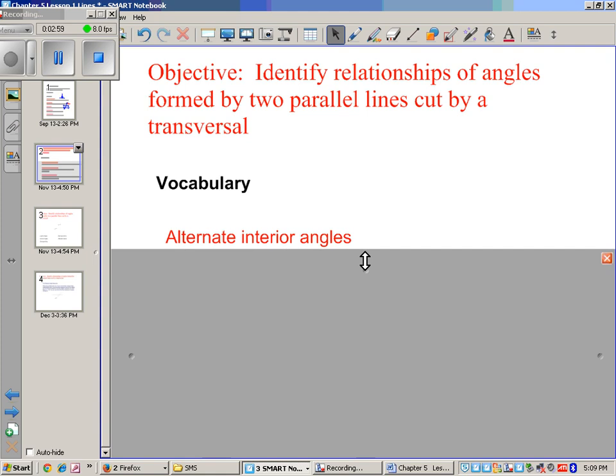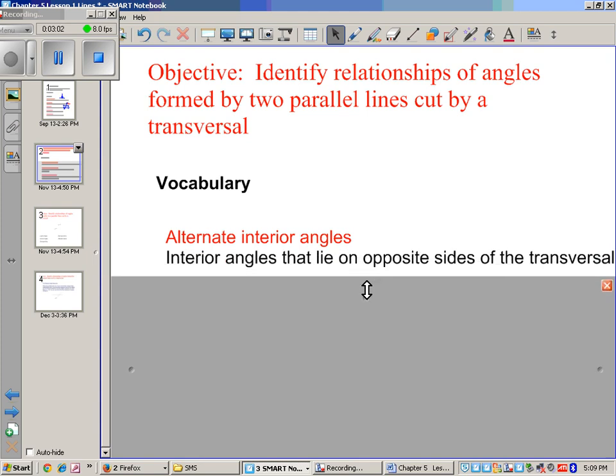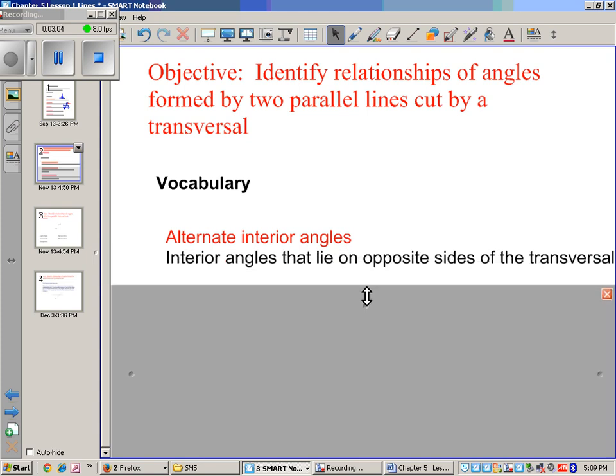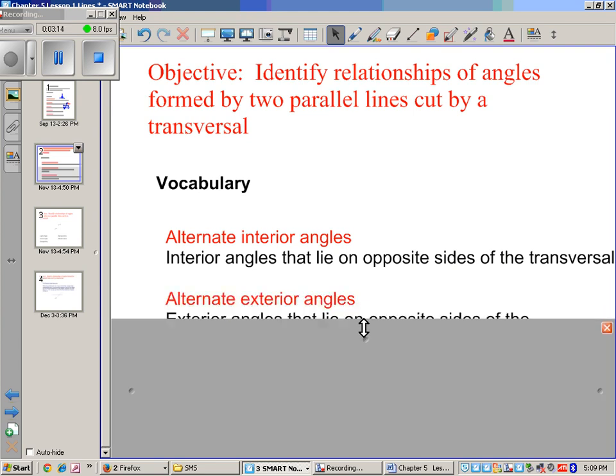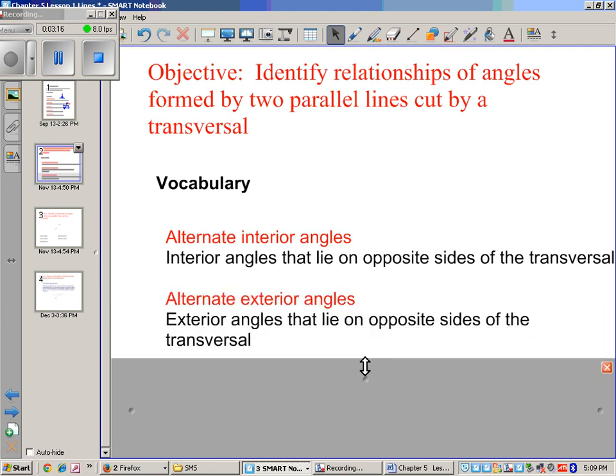And the next vocab word, alternate interior angles. Those are interior angles that lie on opposite sides of the transversal. And we'll see examples of those here shortly. So our alternate exterior angles are exterior angles that lie on the opposite sides of the transversal.